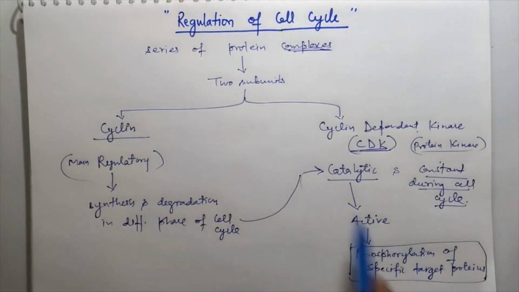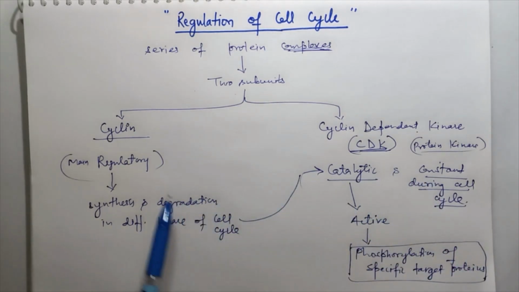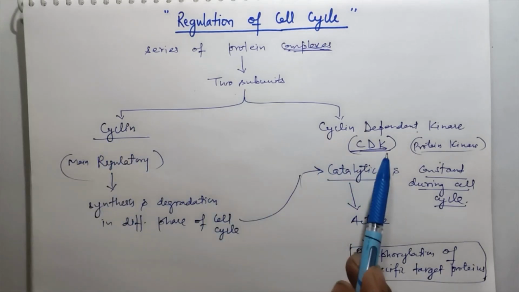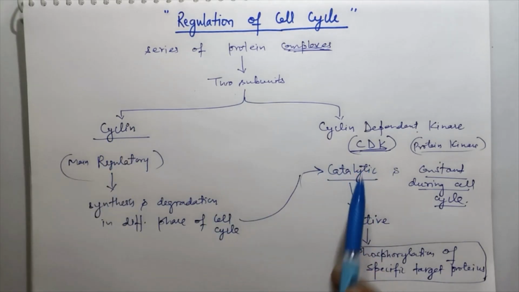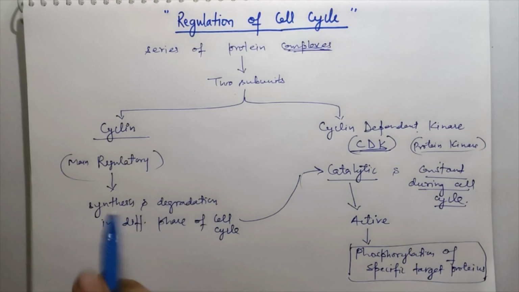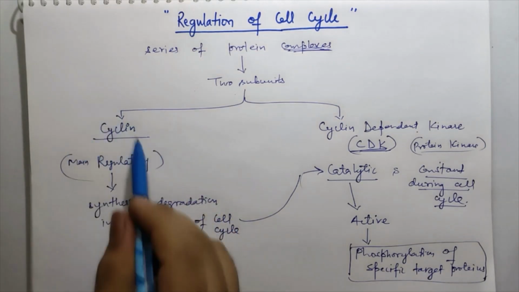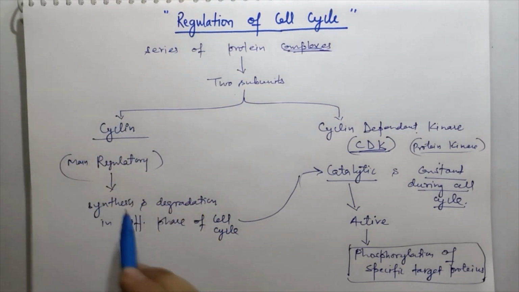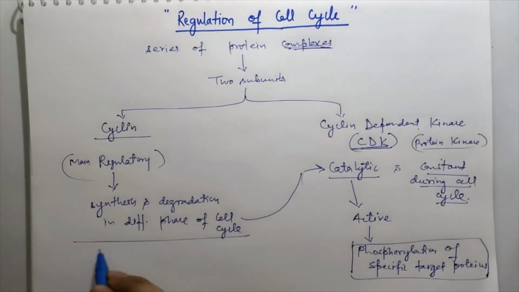But how they regulate different phases of the cell cycle can be explained as cyclins have three major classes.